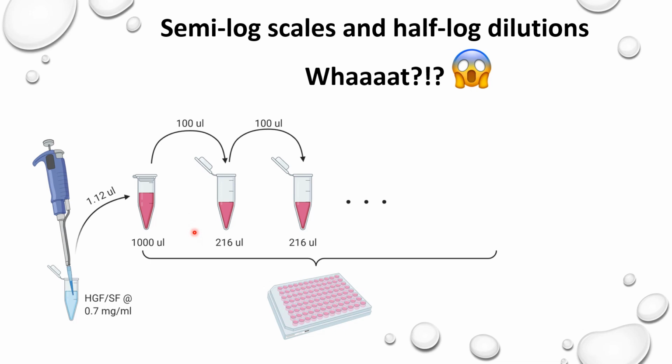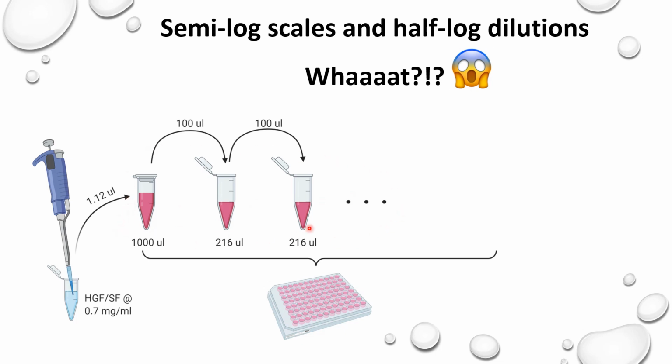We mix again, so we have a mixing ratio of 100 divided by 316, which is this 3.16 fold dilution. We mix, we take again 100 microliter, add it to 216 of just medium, and we go on as long as we want to get to, well, down to the picomolar range, as far as you want to go, really.